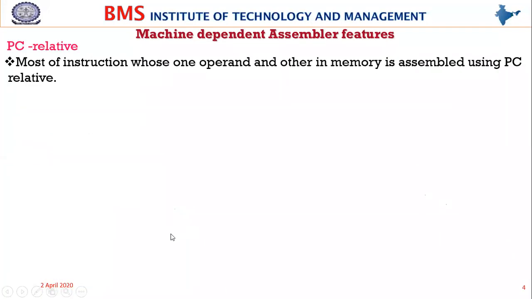Most of the instructions we write in our SIC/XE programs are going to be format 3 instructions, and the majority of them will be PC relative. I keep repeating this again and again: unless the BASE and NOBASE assembler directives are used, the format 3 instructions are supposed to be assembled using PC relative addressing. So that's what we are trying to do now.